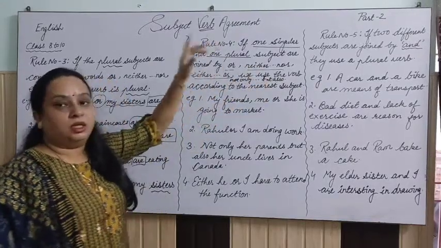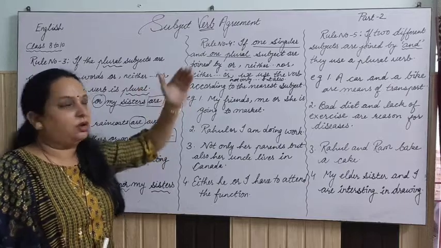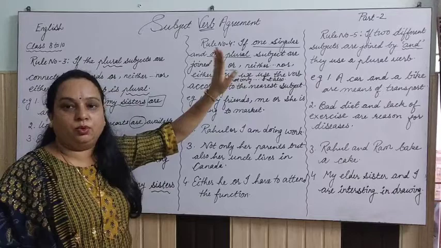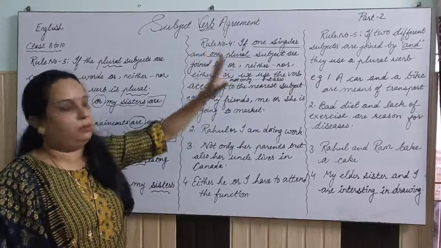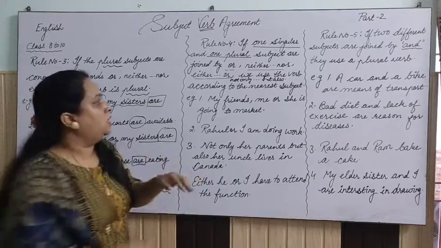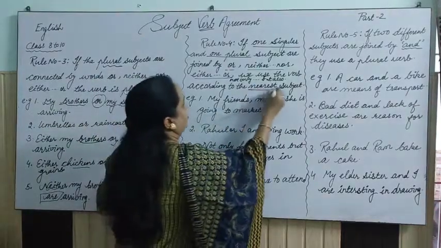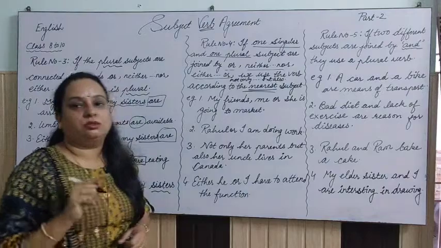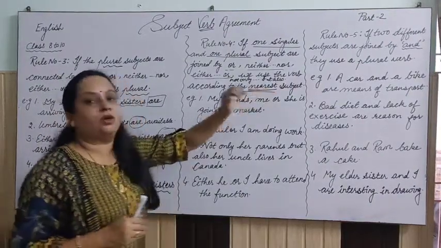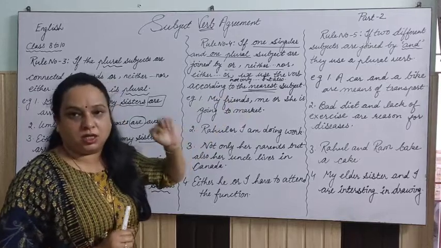So here the criteria is what? One singular subject and one plural should be there. Then we have to follow the nearest subject. We have to attach the verb according to the nearest subject.